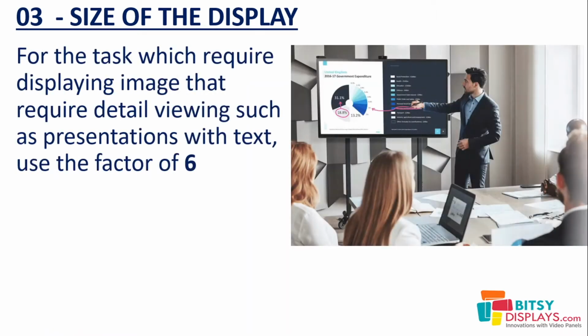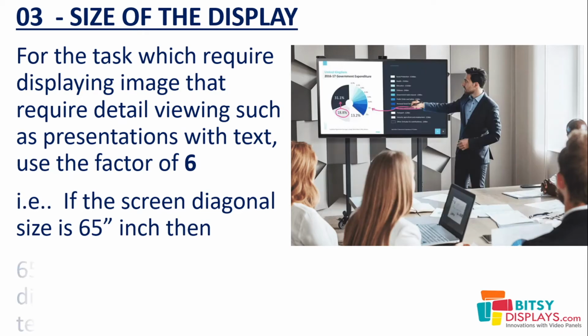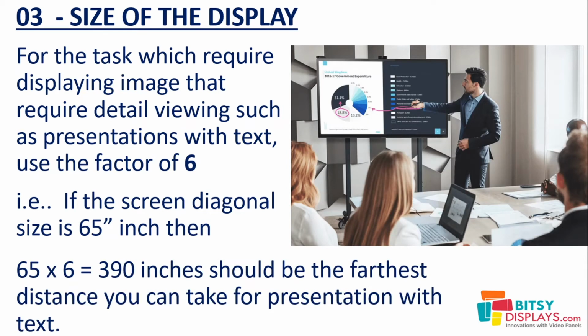For tasks which require displaying images in detail, such as presentations with text, use the factor of 6. That is, if the screen diagonal size is 65 inches, then 65 multiplied by 6 is equal to 390 inches, which should be the farthest distance you can take for presentations with text.